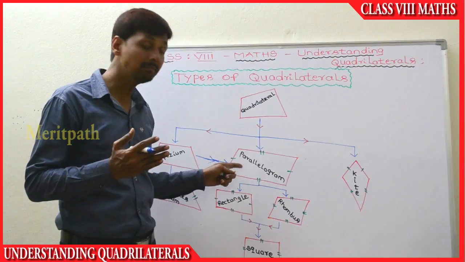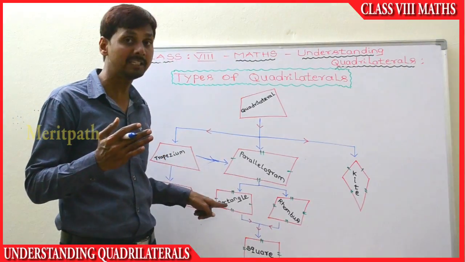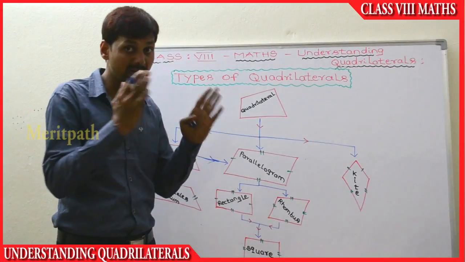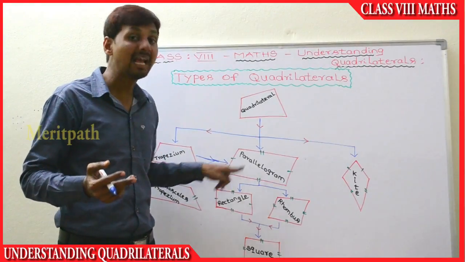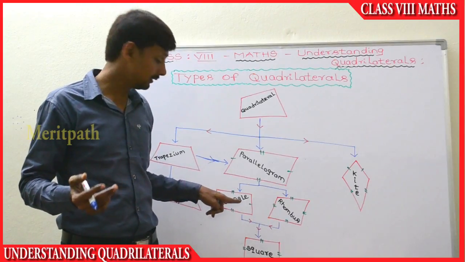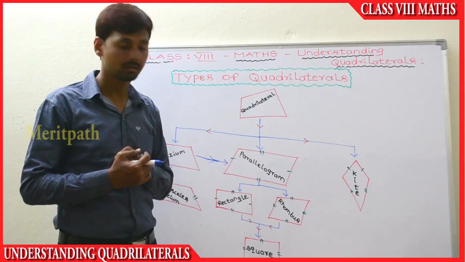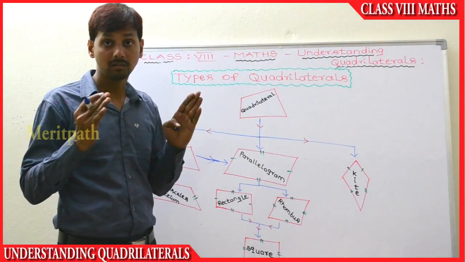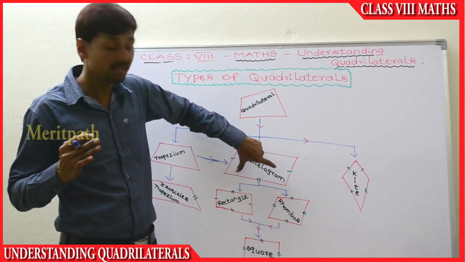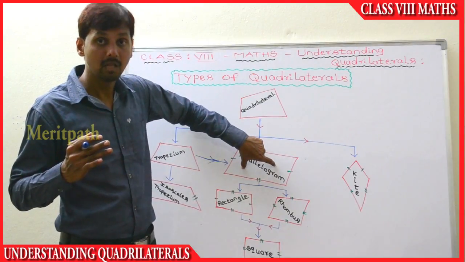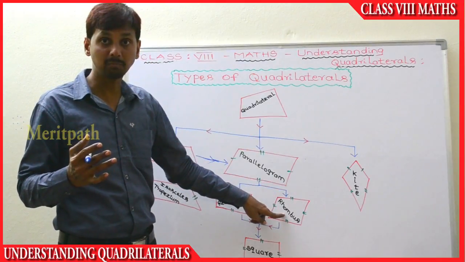In a parallelogram, if each angle becomes 90 degrees, then it becomes a rectangle. And if all the sides of a parallelogram are equal, it becomes a rhombus.